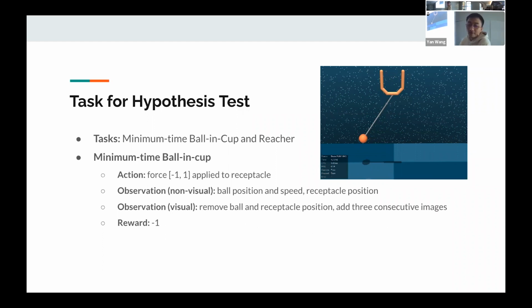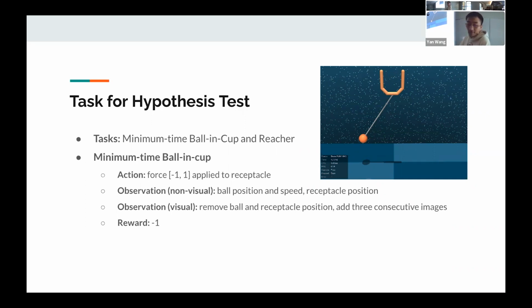We have introduced the minimum time reacher already, so let's introduce the minimum time ball in cup here. The minimum time ball in cup aims to put the small ball into the receptacle there. It is also derived from the DeepMind control suite. Minimum time ball in cup also has two variants, visual and non-visual.